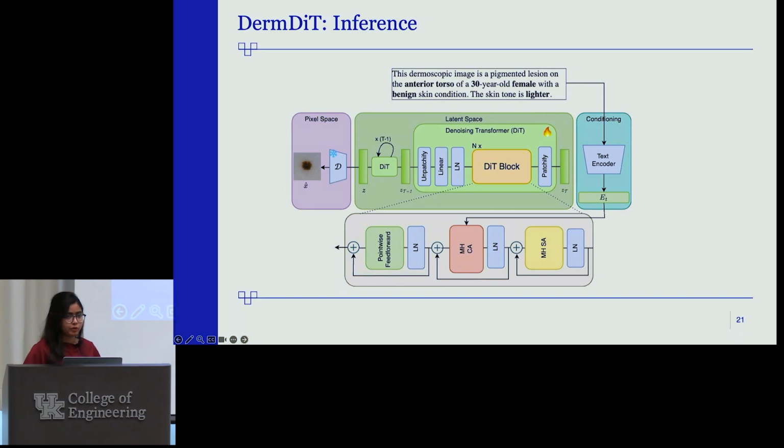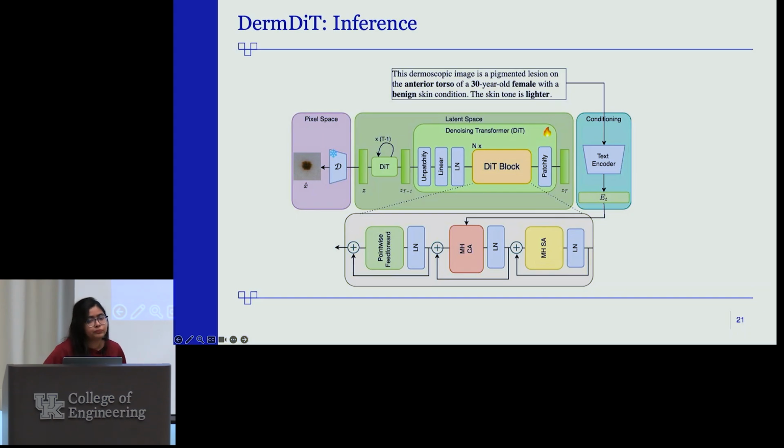So it gradually removes the noise, and finally the VAE decoder will convert it back to the pixel space from the latent space. So we will have new dermoscopic images based on the text prompt.